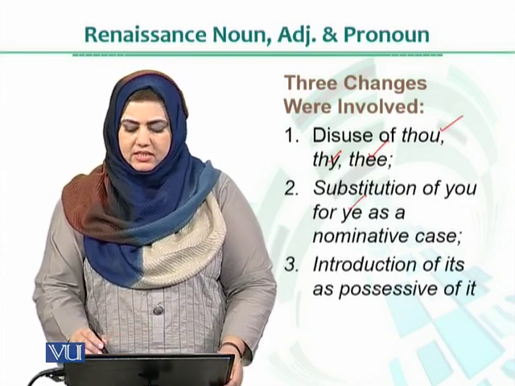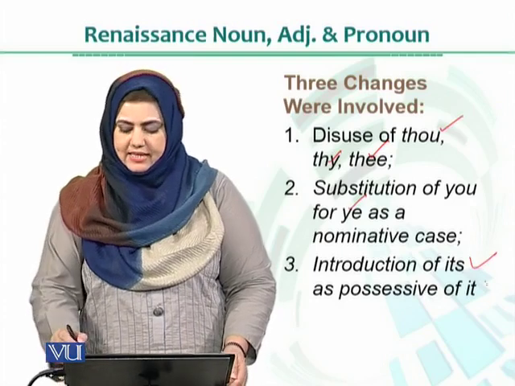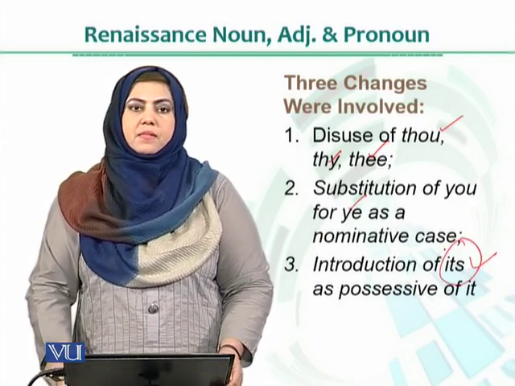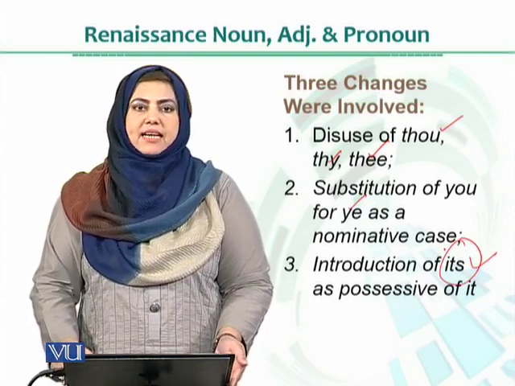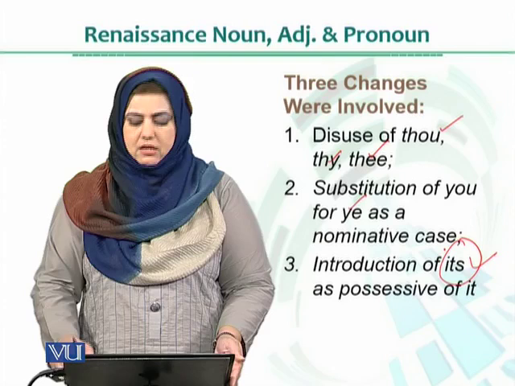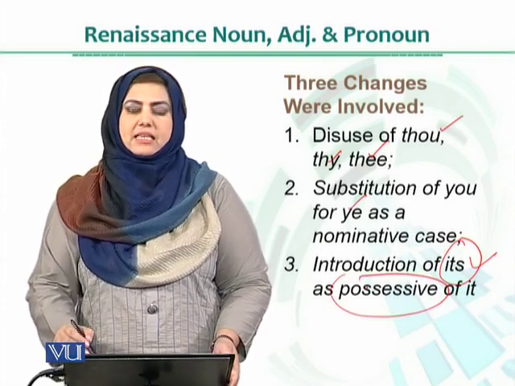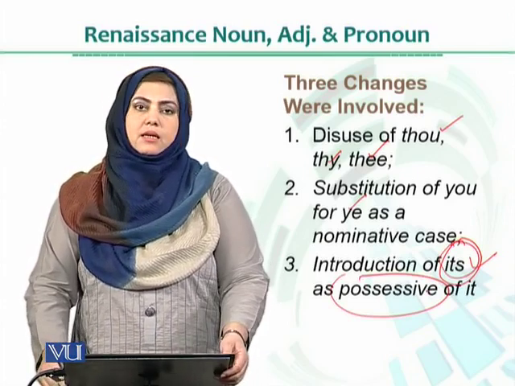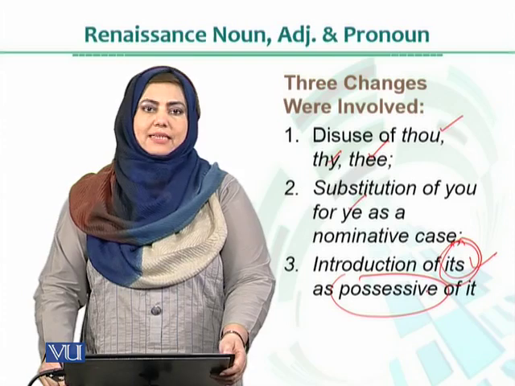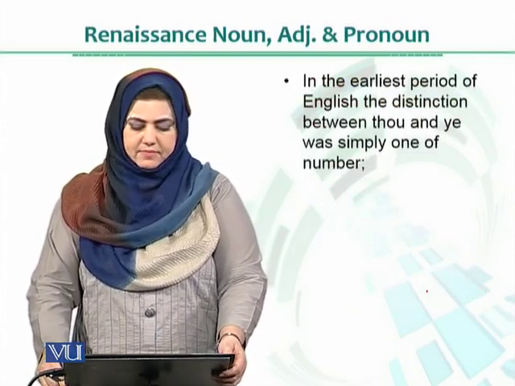And the third change was the introduction of its as a possessive. Its cover, as we translate it in Urdu, iska cover, the possessive form reflected as ka, ke, ki in Urdu. In Middle English, we used it for the possessive. We did not have its.